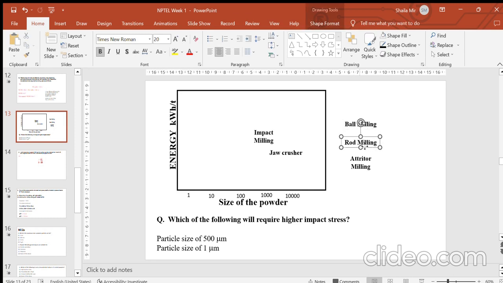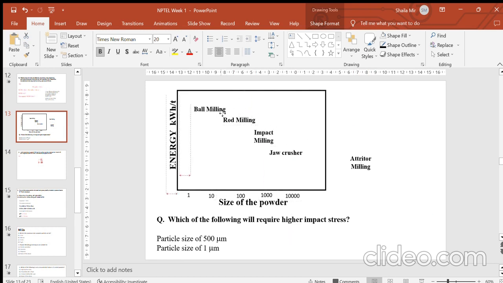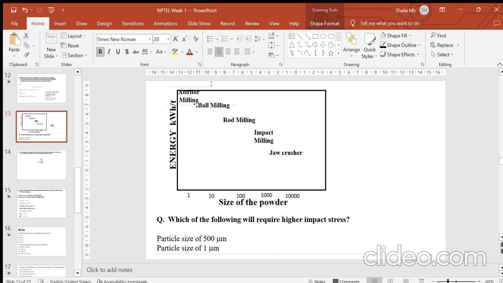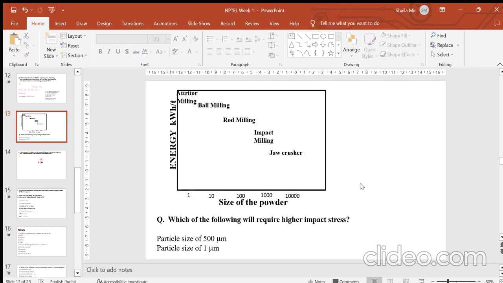Then if you go for an impact mill, the energy requirement will be a little higher because you are going towards a smaller size particle. Similarly, if you have a ball mill, for example, or a rod mill. For a rod mill, you have a slightly bigger size as compared to a ball mill, so it will be somewhere here. For a ball mill, you have smaller size fractions, but the energy required will be higher. And for an attritor mill, the energy will be much higher, somewhere here.